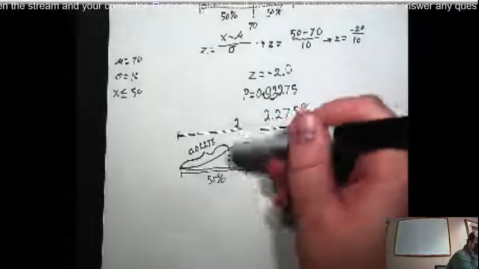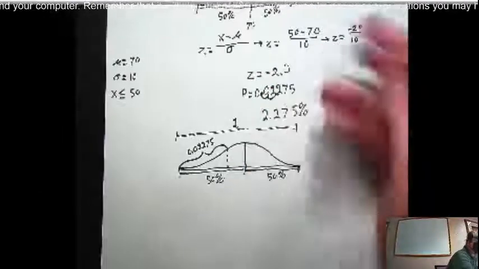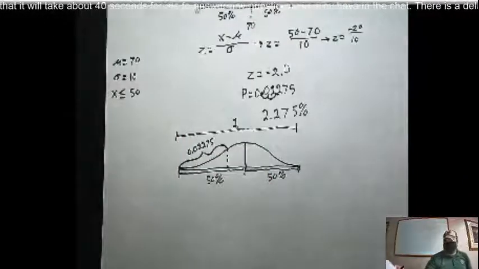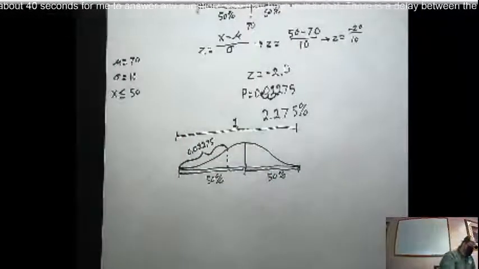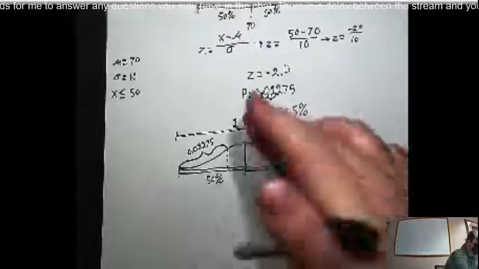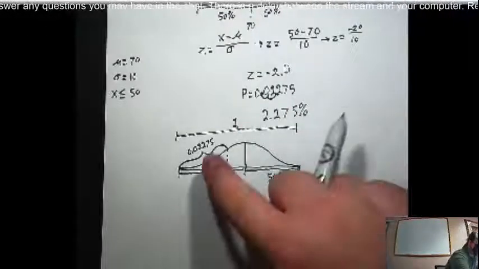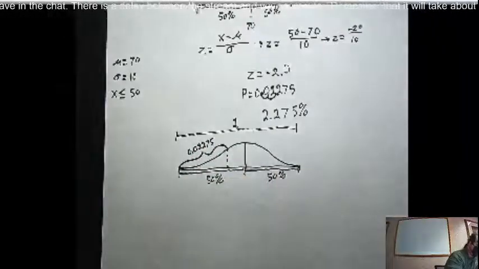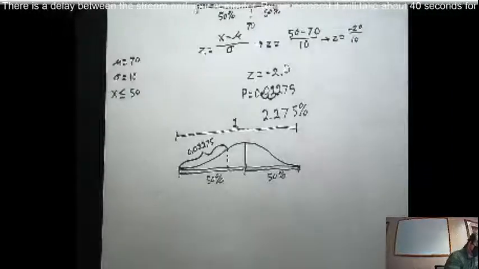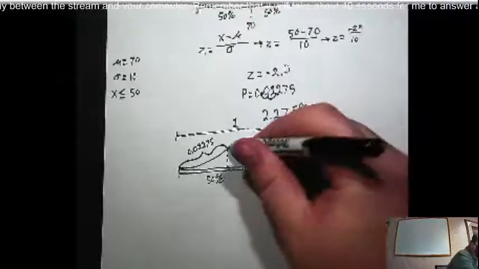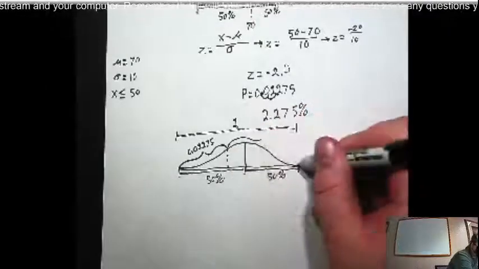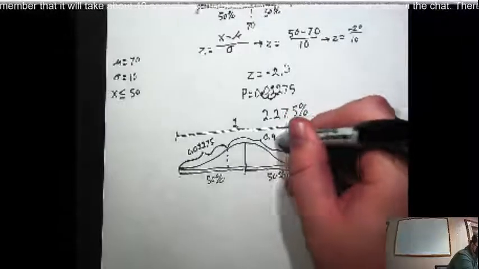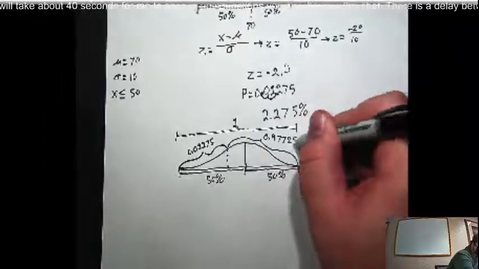So if we subtract this from 1, what's left over is this side. So let's go ahead and do that. So 1 minus 0.02275 is 0.97725.